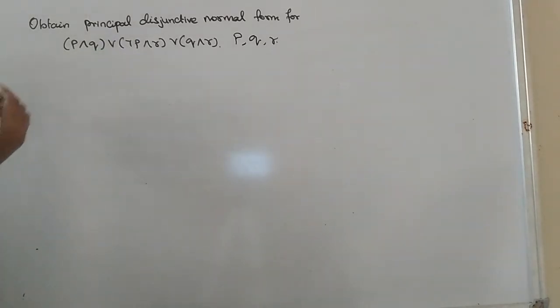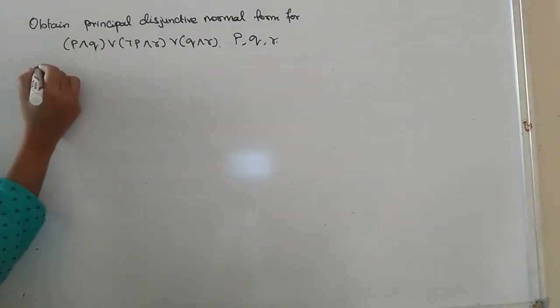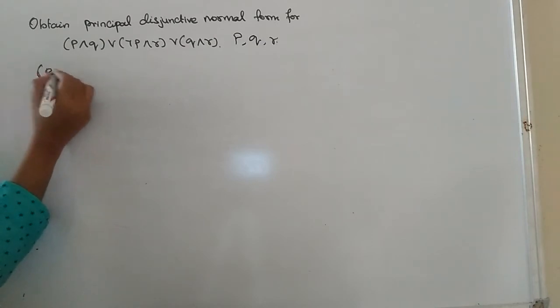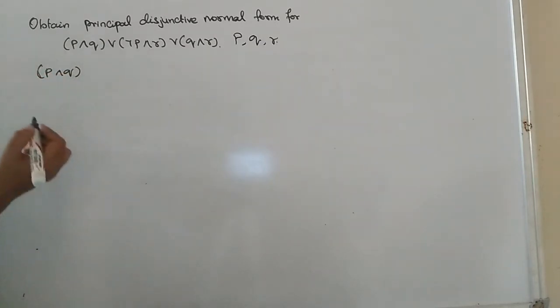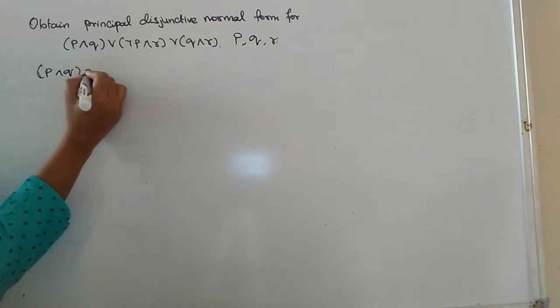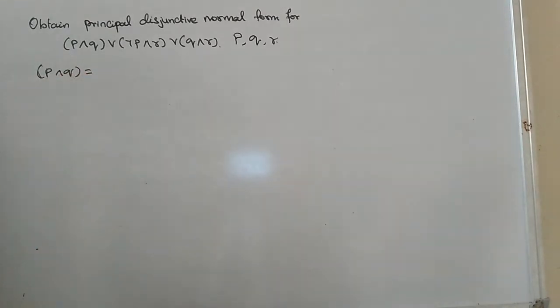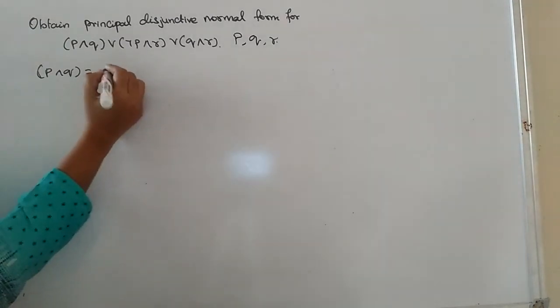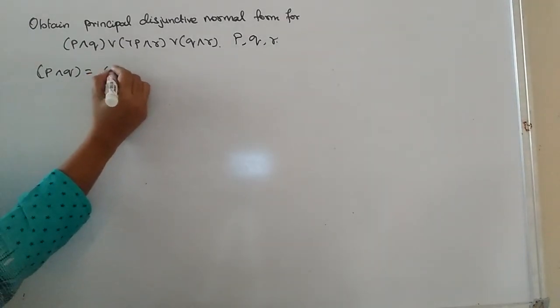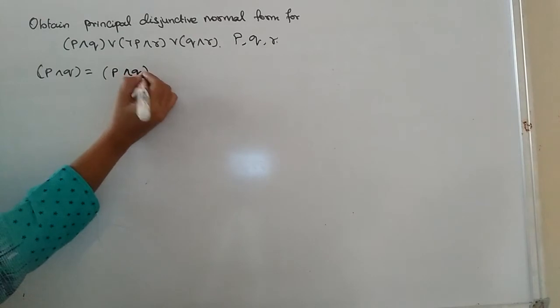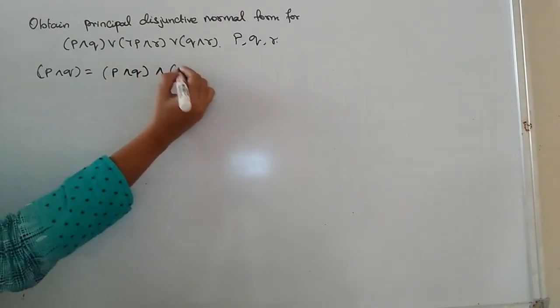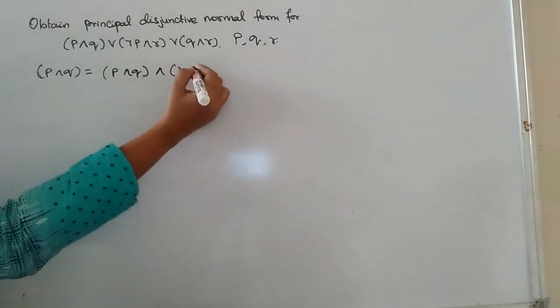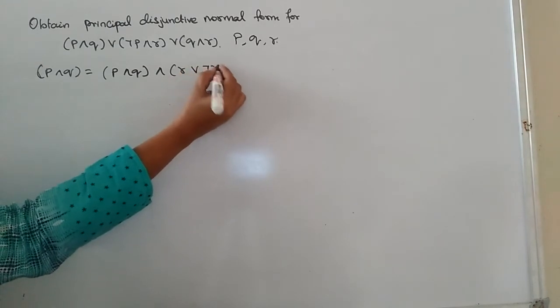For example, take the first term, P and Q. Here we have P and Q, but there is no R. So how can we rewrite this? We can write it as P and Q and (R or negate R).